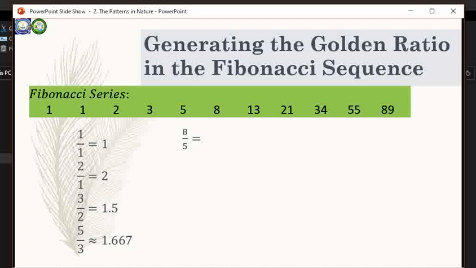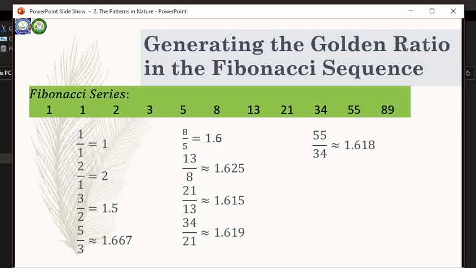Notice how the answers are getting closer to the golden ratio value. Remember that our golden ratio is approximately 1.618. So as we get to 55 divided by 34, we now get the approximate value of 1.618.